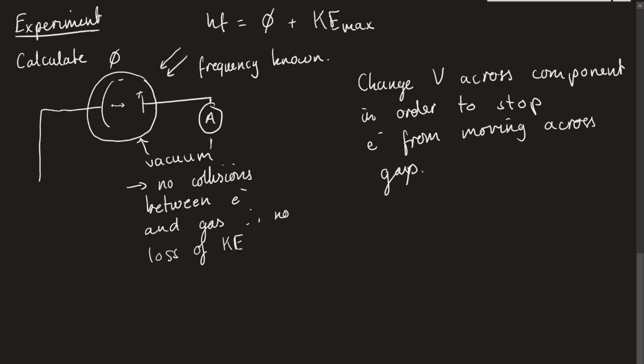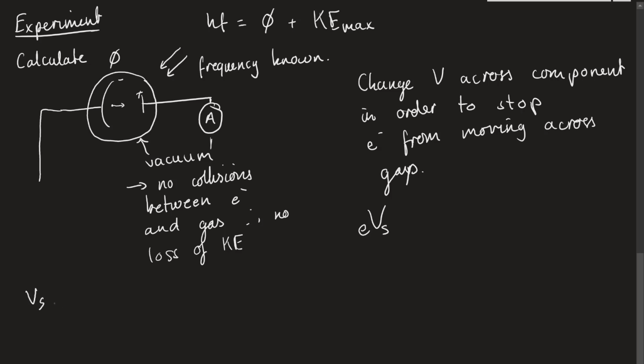We're accelerating or decelerating an electron through a potential. If you remember back to particle physics, that was the definition of an electron volt, which is a unit of energy. So the energy is the charge of the electron multiplied by the potential across this gap, which we're now going to call the stopping potential.